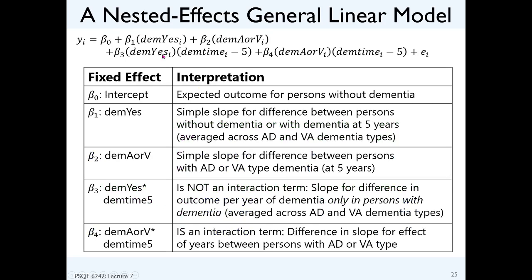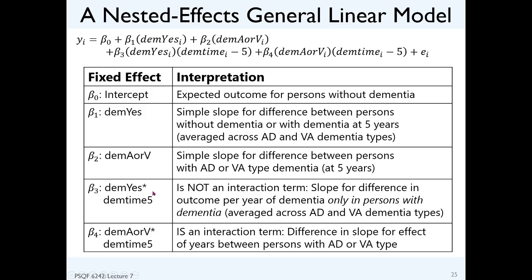So consequently, the way that we interpret this beta 3 is dem yes acts as a switch. If dem yes is 1, then they have a diagnosis. Then, given that they have a diagnosis, we can adjust their expected outcome by the number of years in which they've been diagnosed, with 5 as the reference.